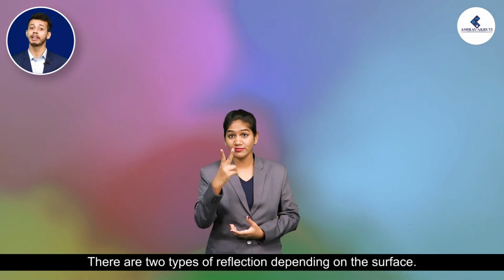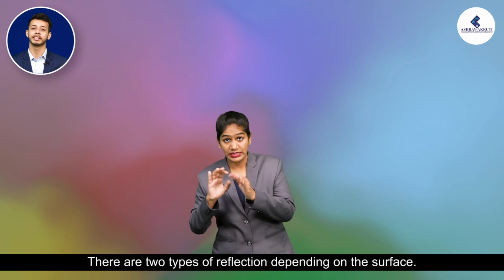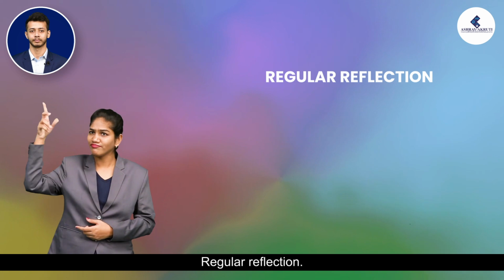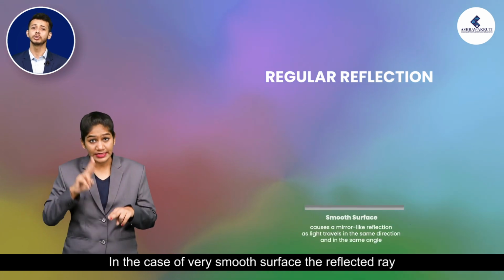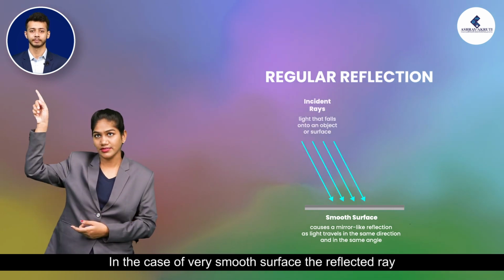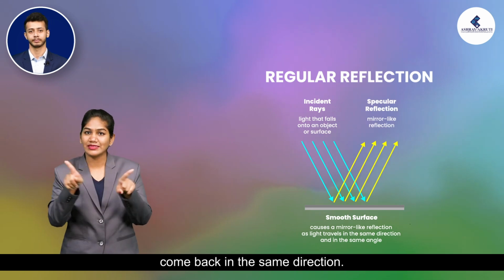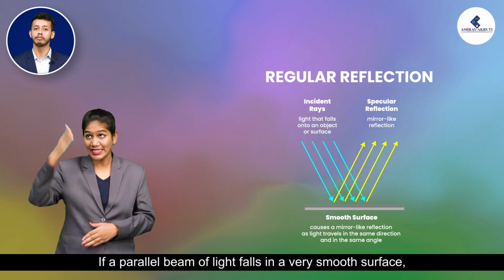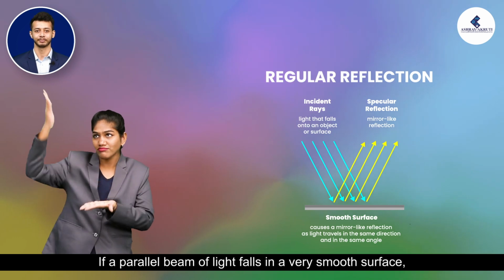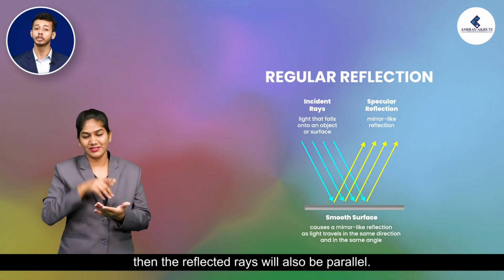There are two types of reflection depending on the surface. Regular reflection: in the case of a very smooth surface, the reflected rays come back in the same direction. If a parallel beam of light falls on a very smooth surface, then the reflected rays will also be parallel.